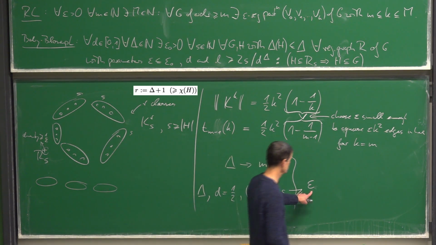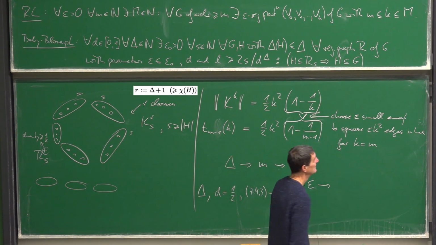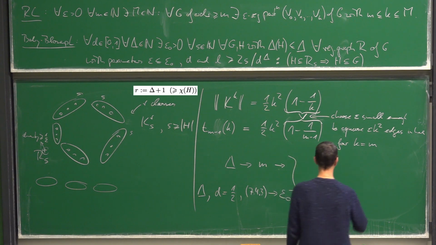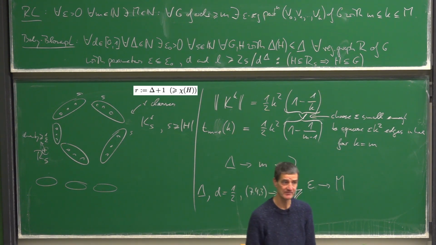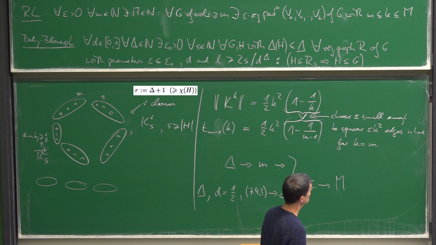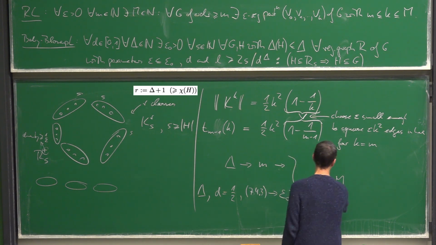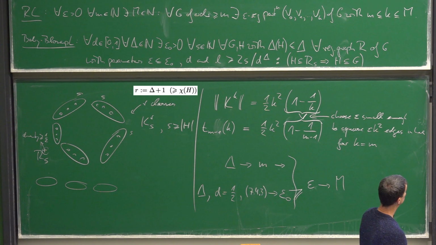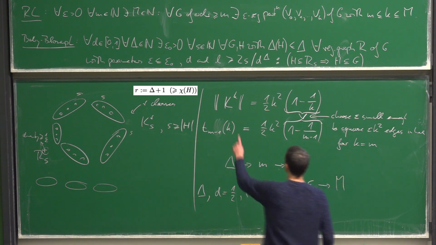Now we have found epsilon, and then the regularity lemma will return a big M. Will tell us that any graph has an epsilon regular partition into at most big M many classes. We want the size of the classes, little l, to be big enough as input for the blowup lemma.